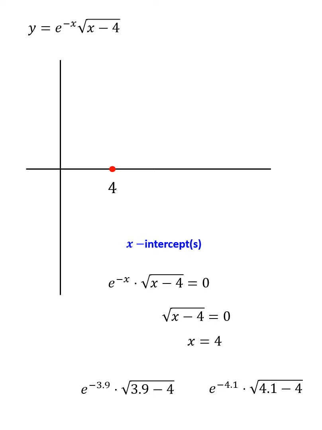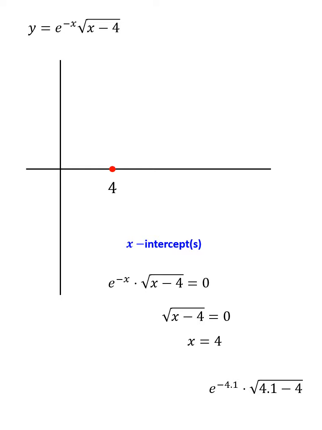The expression on the left doesn't exist, not in a real sense anyways, in a graphable sense, because the radicand is negative. You'll notice that 3.9 minus 4 is a negative number, and you can't get a real result when you square root a negative number. So nothing happens to the left of 4.